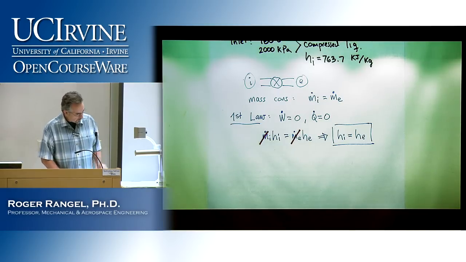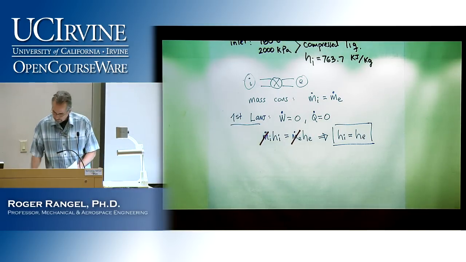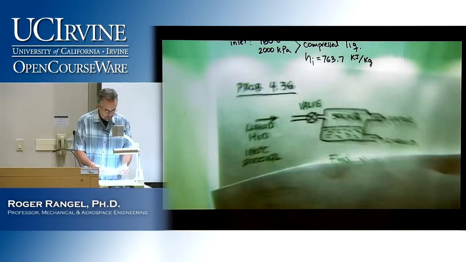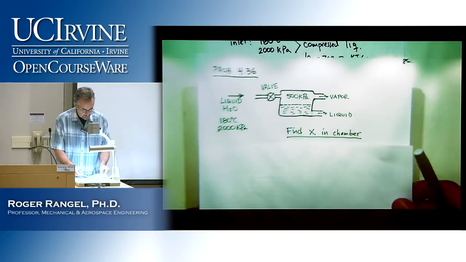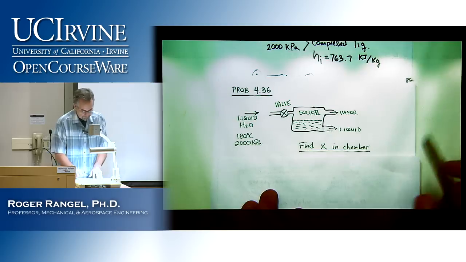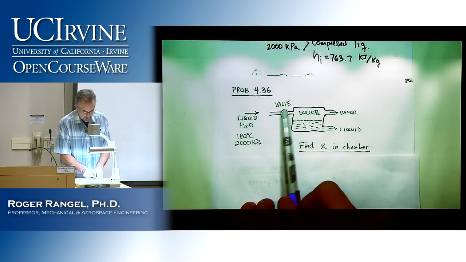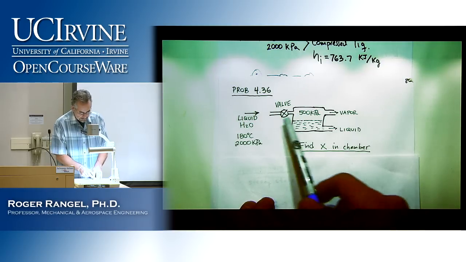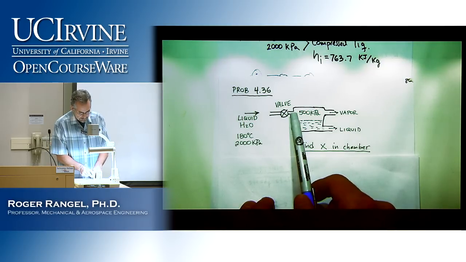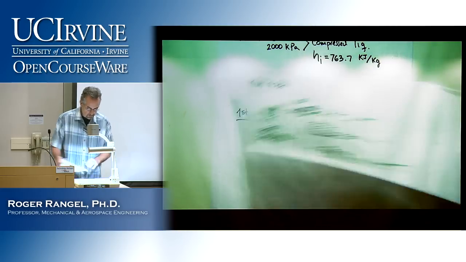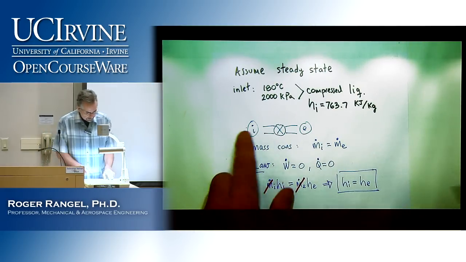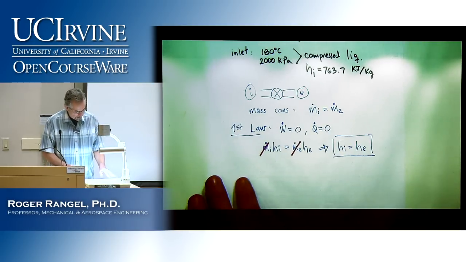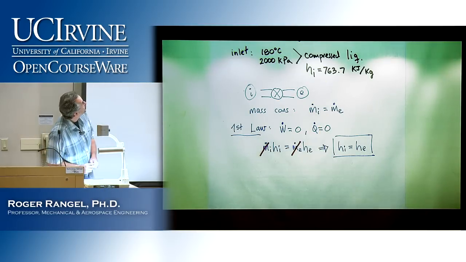So what that means for us then is that as the fluid goes through the valve, before it enters the tank, the chamber itself, it flashes as it goes through the valve. We'll see that in a moment. And it comes out on the exit side with the same enthalpy. So these two enthalpies are the same, and I already got that number up here for the enthalpy.